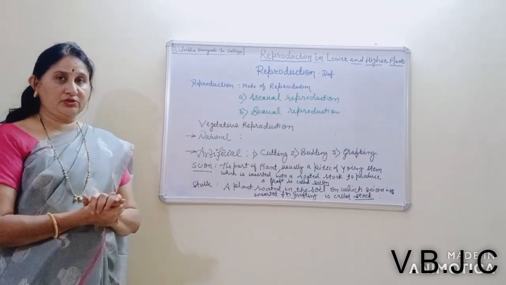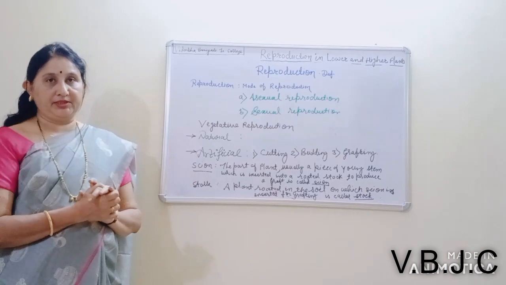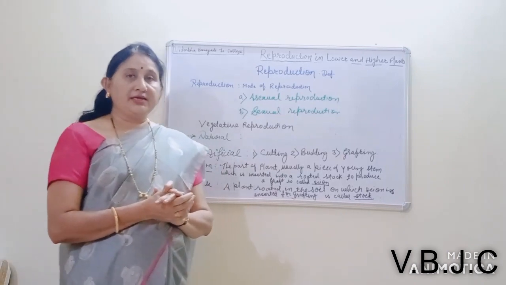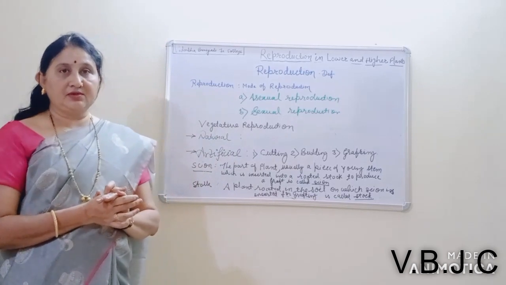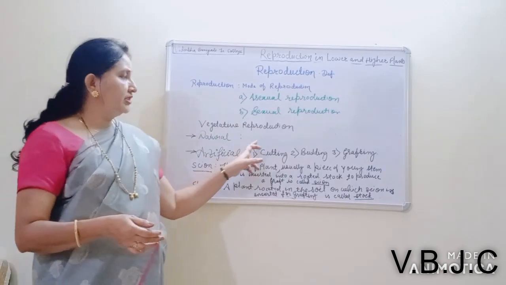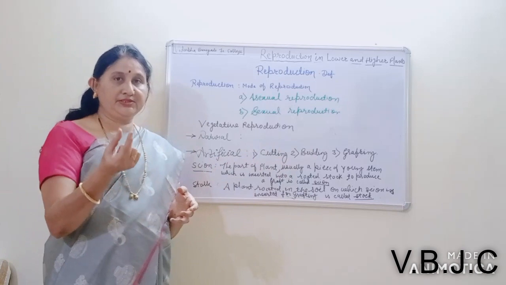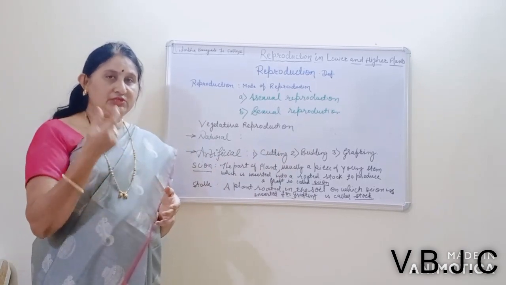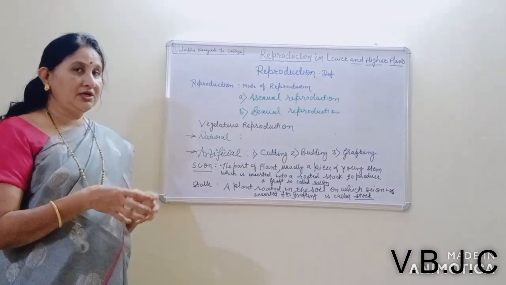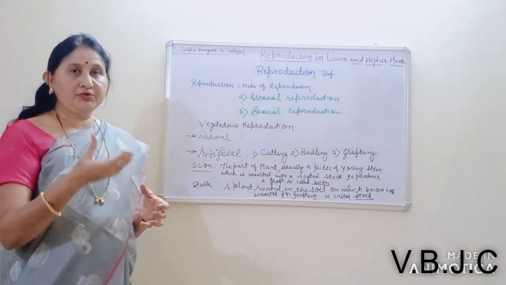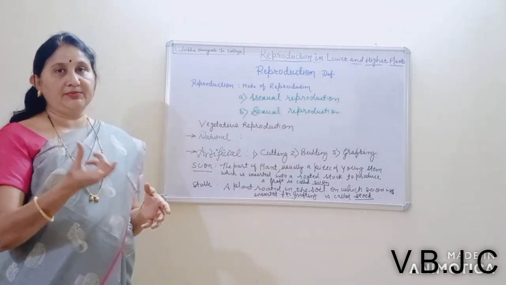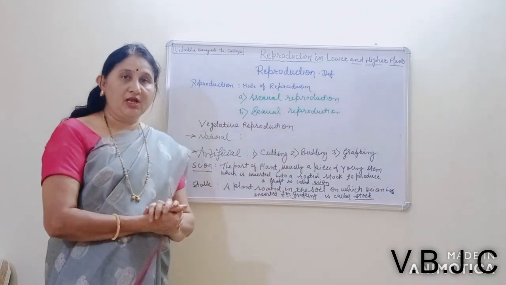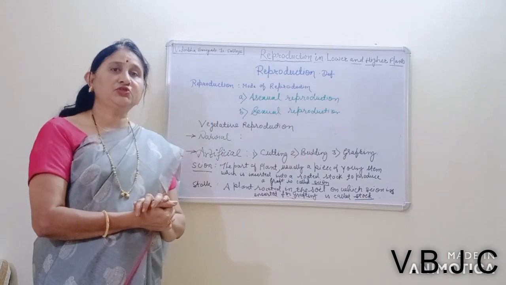Another method is known as the tissue culture method, which is mostly applied nowadays by agriculturists and horticulturists. In tissue culture, a very small piece of tissue is selected and grown in a culture medium to produce a plantlet. When that plantlet is placed in moist soil, it produces a new plant within a short period.